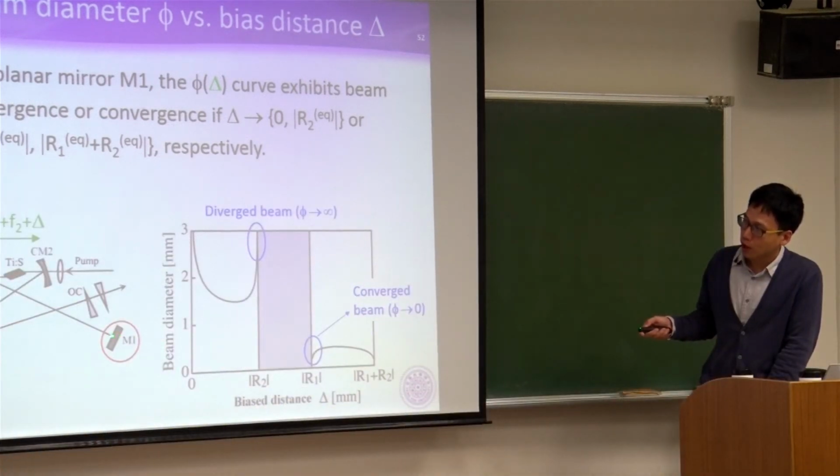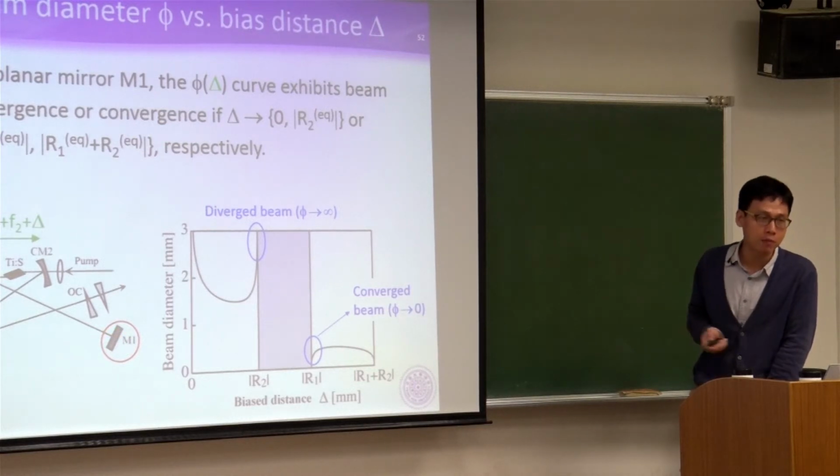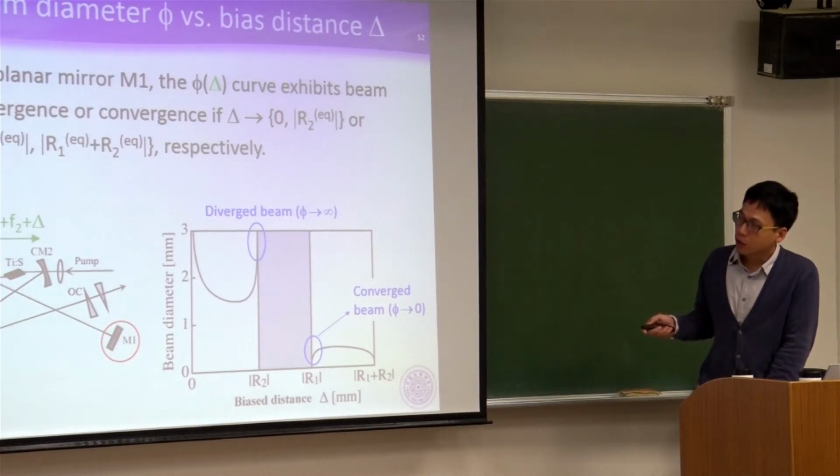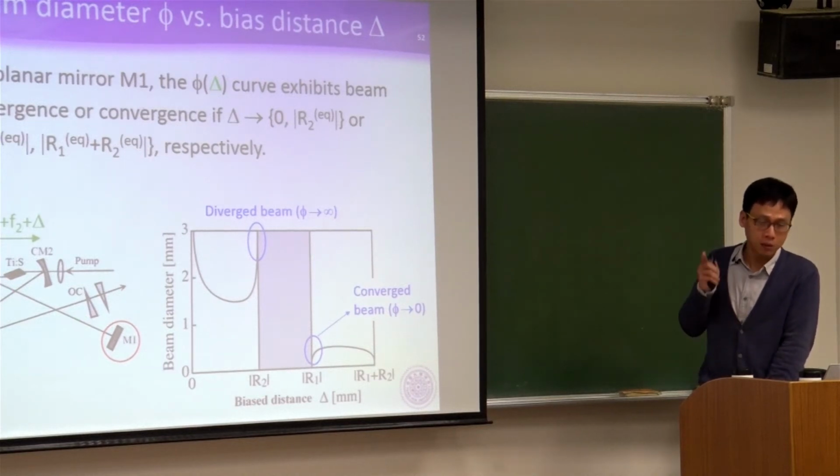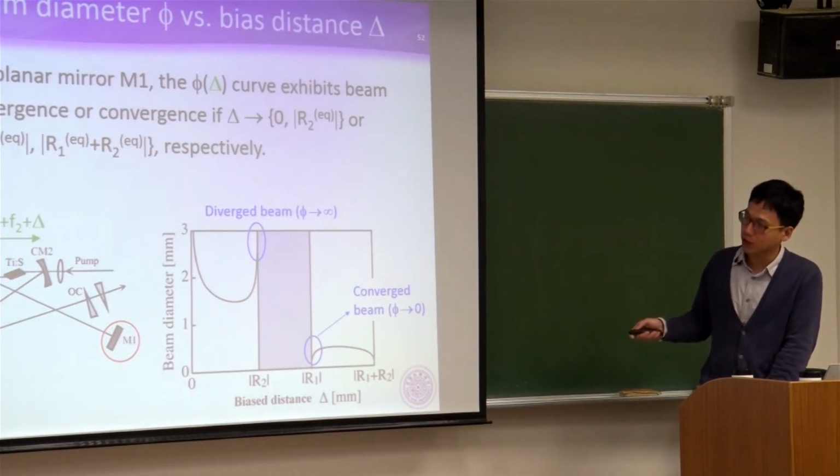我的意思就是我观察的位置只放在一个特殊点，就是 planar mirror M1 这里。In fact, you can plot a curve for any position inside the cavity. But here I only pick one special case.